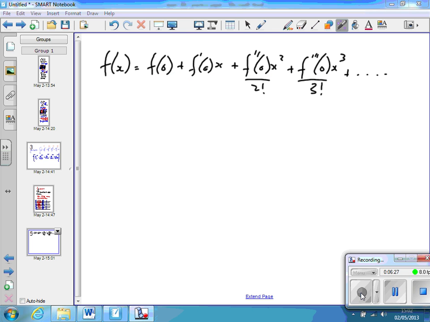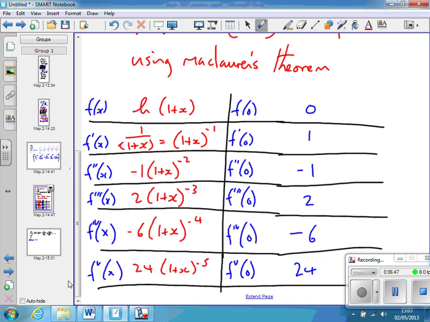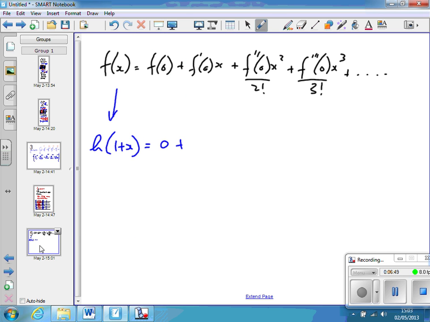So what's that saying? It's saying that our function, which in this example is the log of 1 plus x, can be written as the value of the function at 0, which was 0, plus the first differential, which was, to look back, 1 times x.